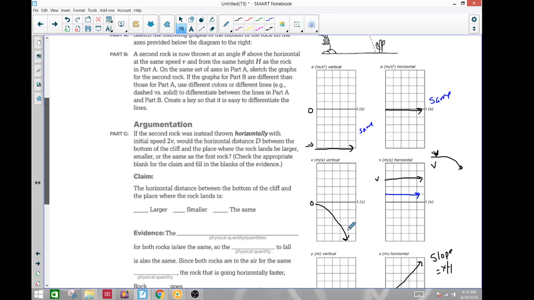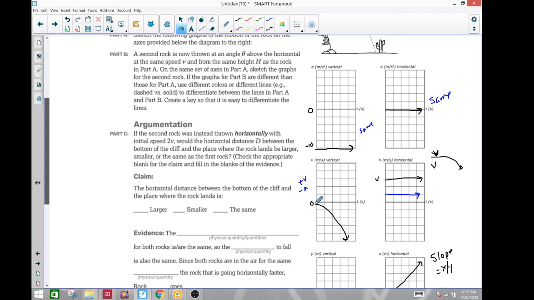All right, so vertical. This definitely is going to be different because we're actually throwing it up, so some of the velocity is going to go up. It has a positive velocity and a negative acceleration. What does that look like for vertical velocity?